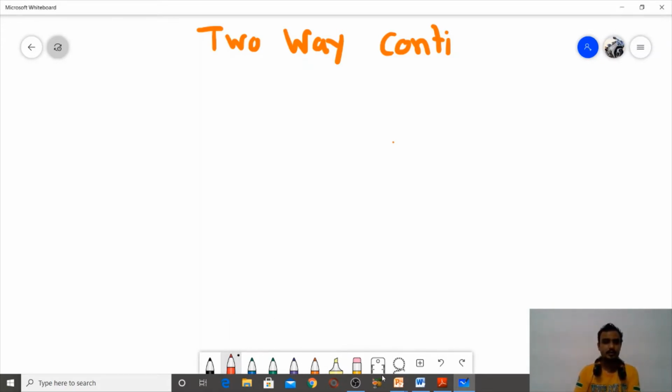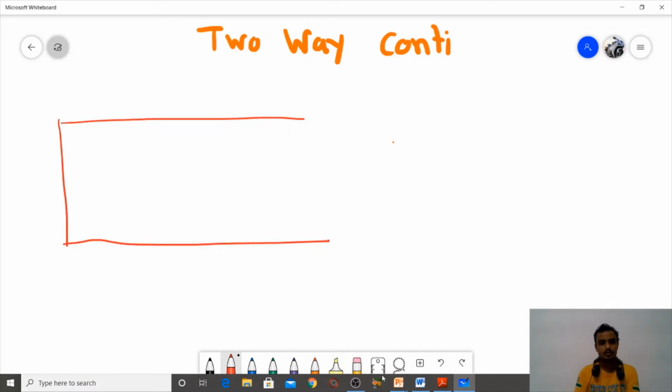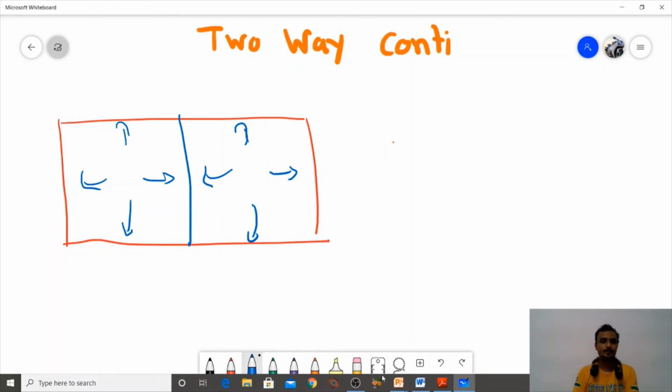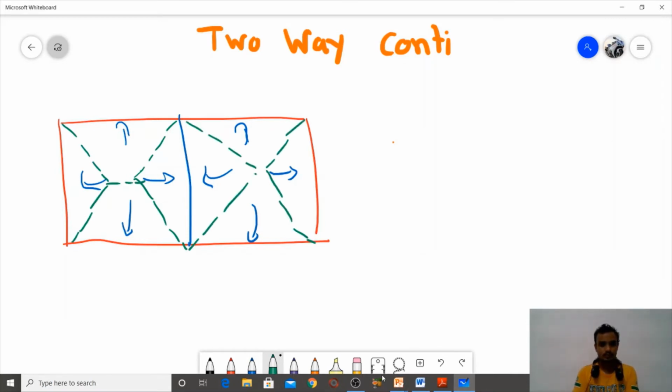In the two-way continuous slab, the load transfer mechanism says the load is transferred in all four directions. So in the two-way continuous slab, the load transfer mechanism will be like this, and there is a trapezoid at 45 degrees.